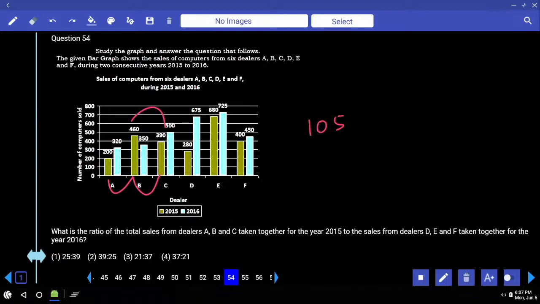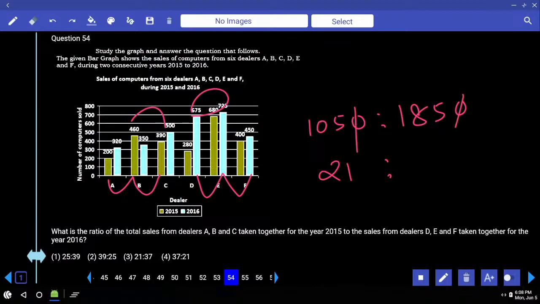DEF: 1400 plus 450, 1850. Zeros are cancelled, 5 21 times, 5 37 times. So 21 is to 37.